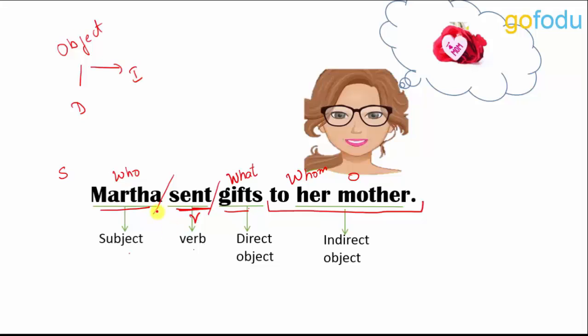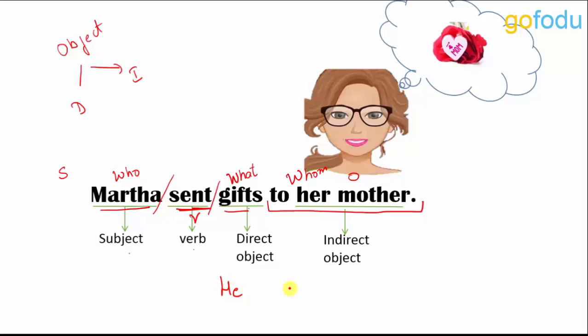There must be a direct or an indirect object in a sentence to explain its complete meaning, but sentences do exist without an object also. An indirect object cannot exist without a direct object. Let's take another example.